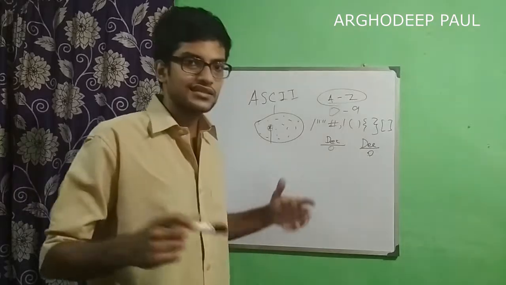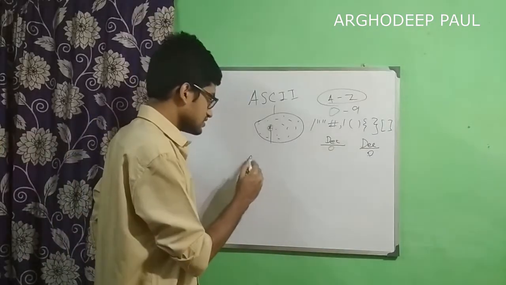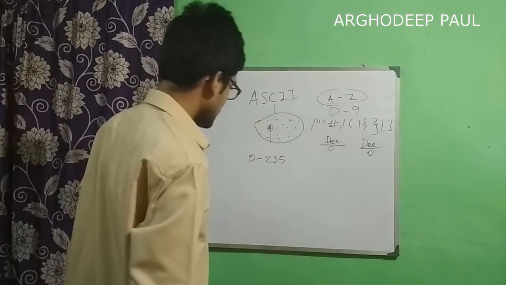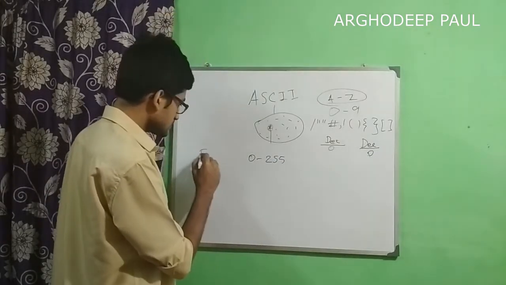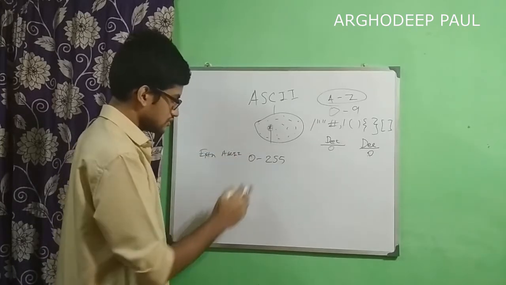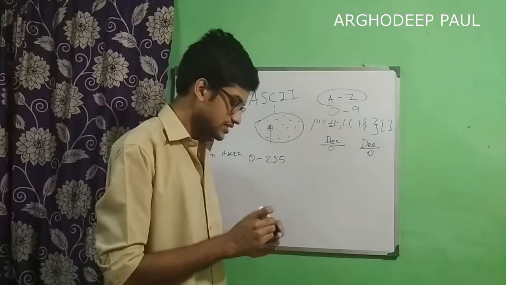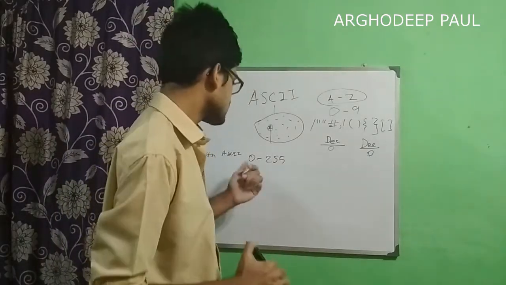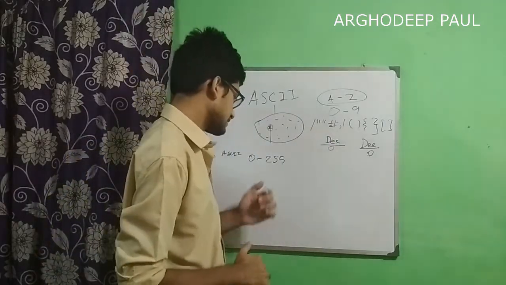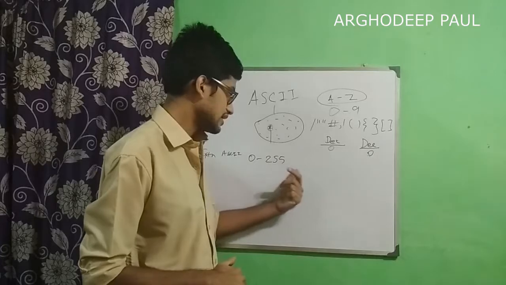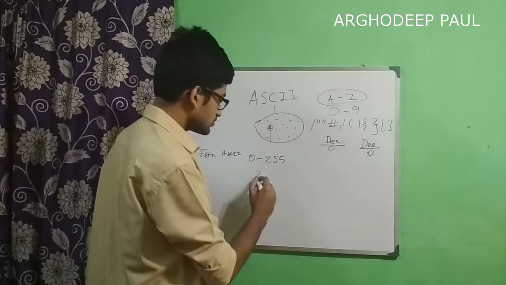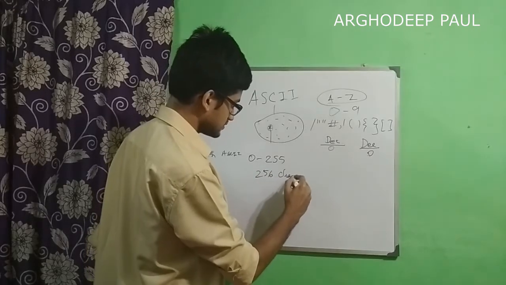When you extend the ASCII, let's say we have 0 to 255 characters, extended ASCII. So we basically have 256 characters, and the decimal range for the corresponding values of those characters in its character set will start from 0 and end at 255. So basically we can say a total of 256 characters.